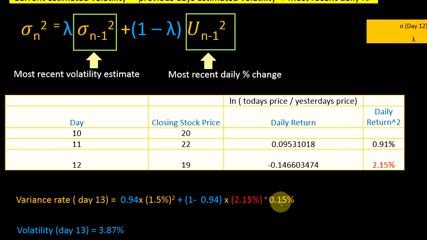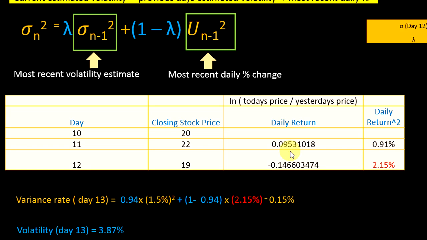That gives us a variance rate, remember, because when you square the volatility, or the standard deviation, that gives you the variance. The estimated variance rate for day 13, remember these are not the actual values, we are estimating, is 0.15%, and therefore the volatility for day 13 is simply the square root of that, which is 3.87%.